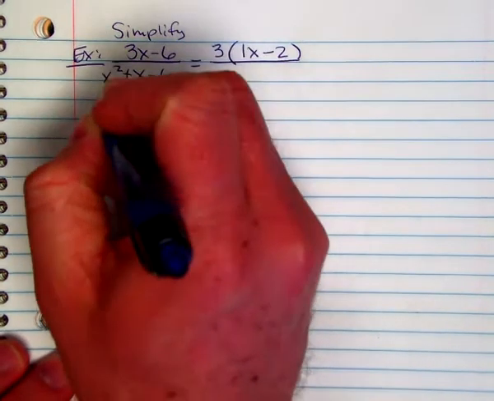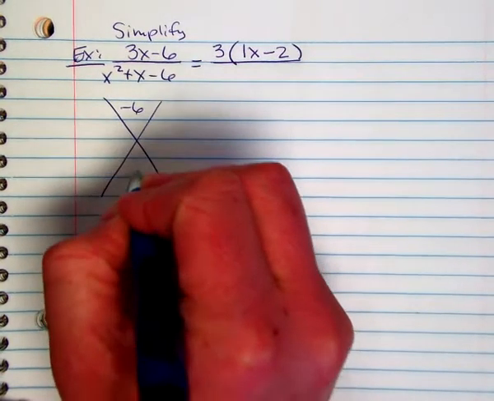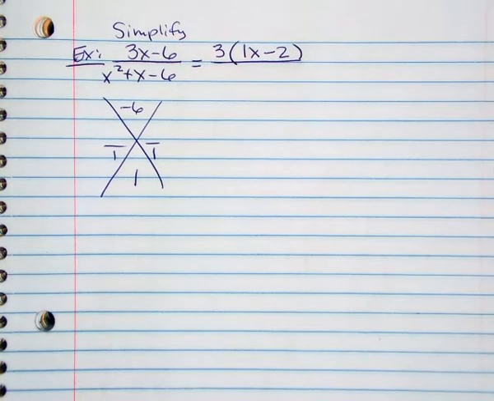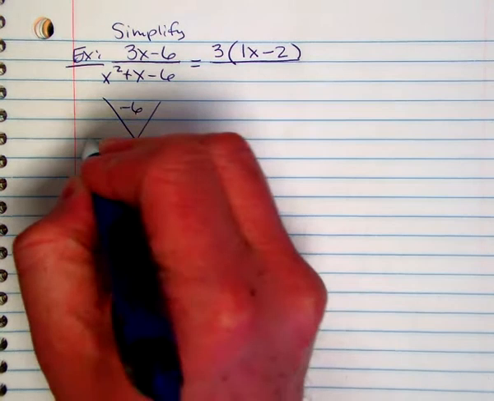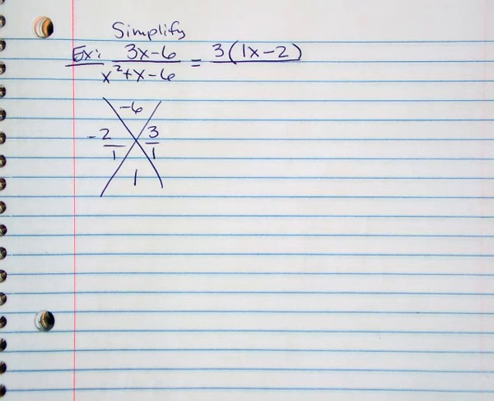So, set it up. Multiplying to make negative 6, adding to make 1. The two numbers that I need are what? I heard a couple people say it. Negative 2 and positive 3. Now, we're not looking for a final answer right now.